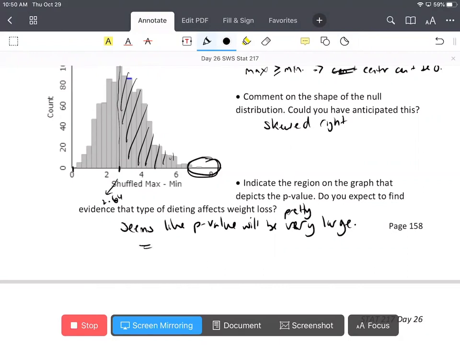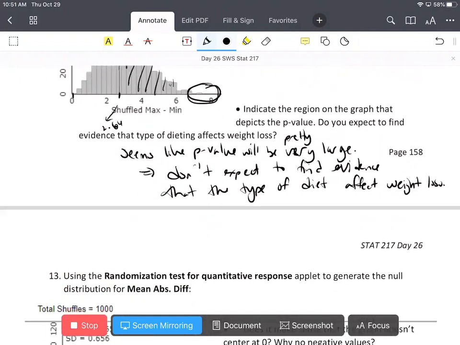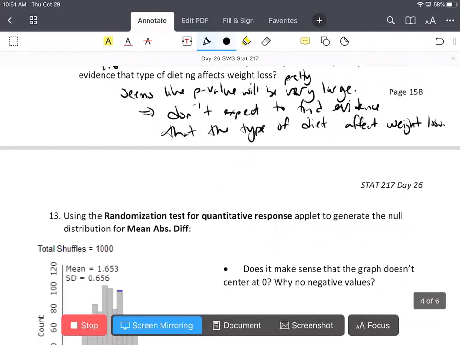So we don't expect to find evidence that the type of diet actually affects your weight loss. All right, so looking at it there, it's not looking good. So that was using max-min.